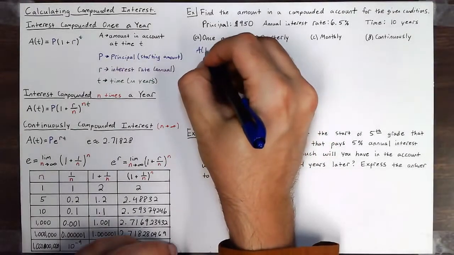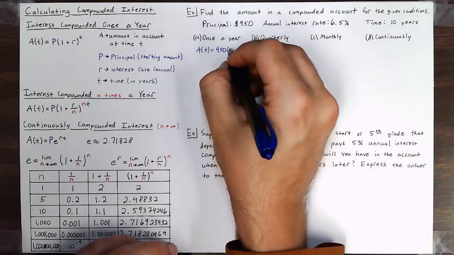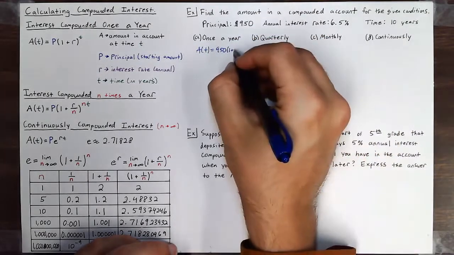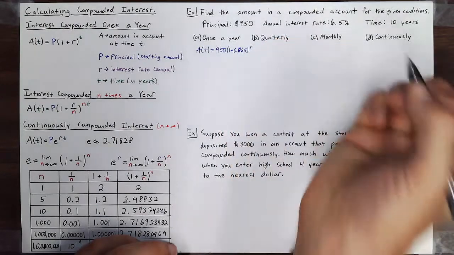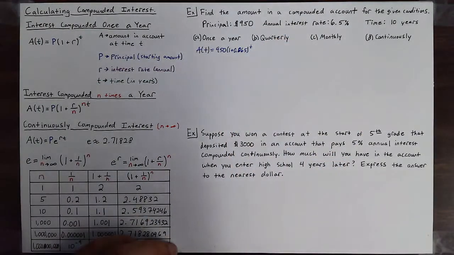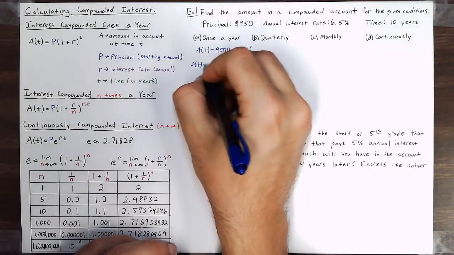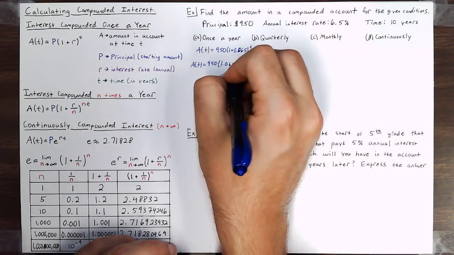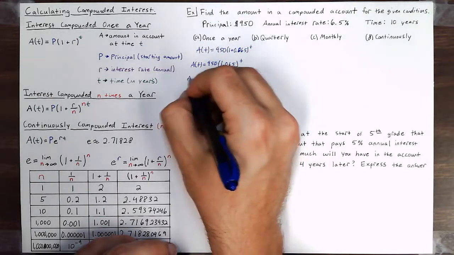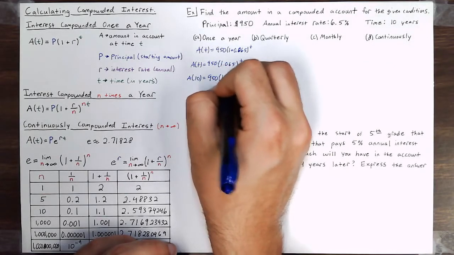So once a year is going to look like this. A of t will equal 950 times 1 plus 0.065 to the t power. So A of t will equal 950 times 1.065 to the t power. And if I want to figure out what happens over 10 years, I'll need to plug this into my calculator.